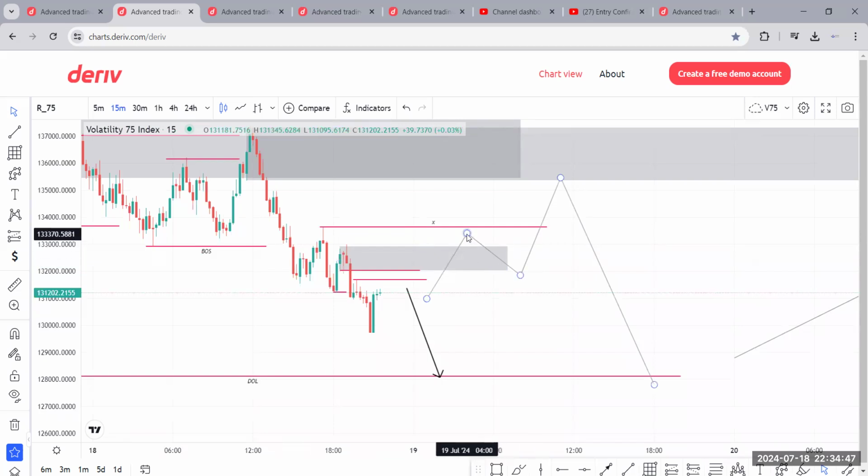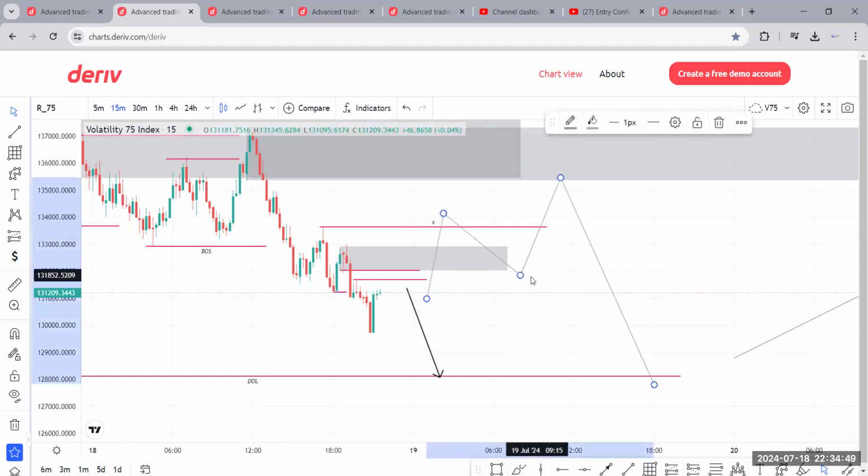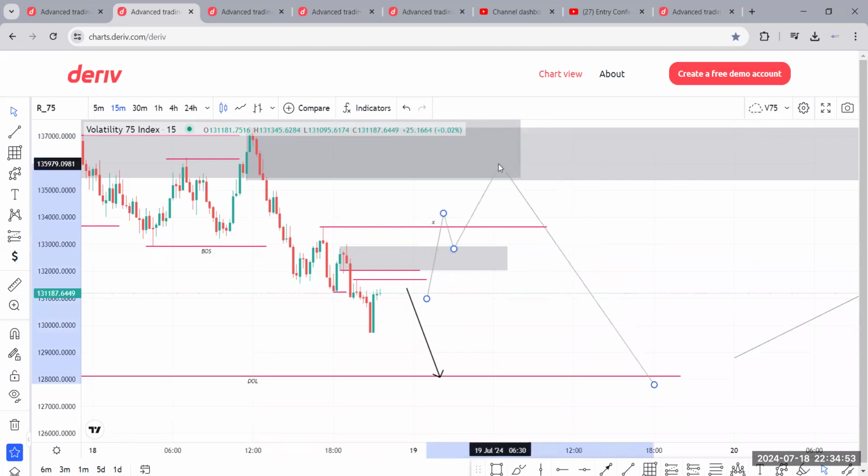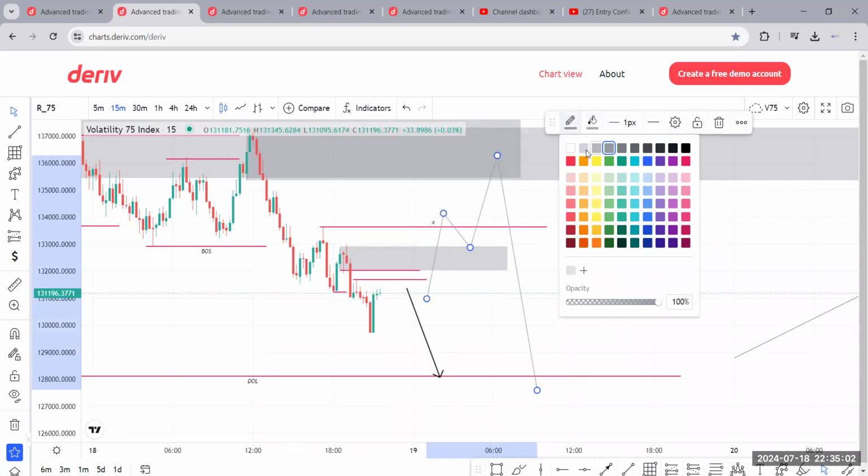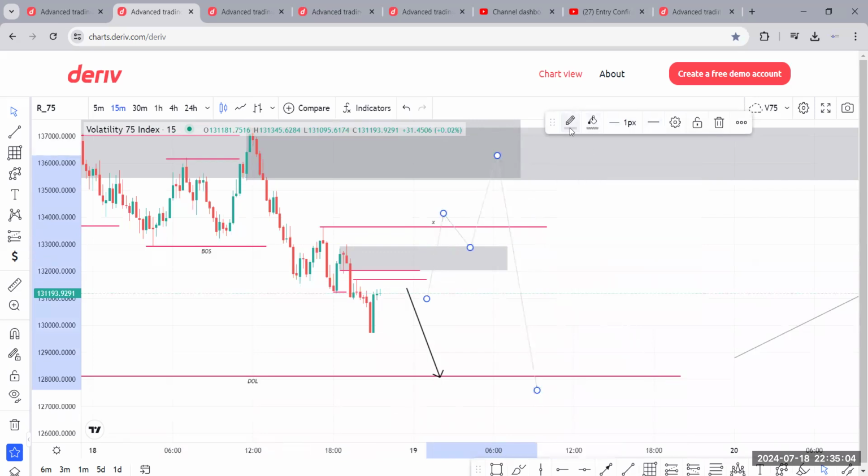So if price decides to break these zones, then we are likely to come back here, like I said, and sell down, and sell down.